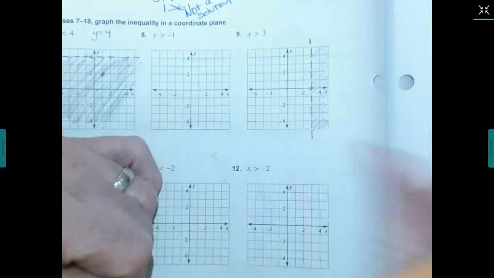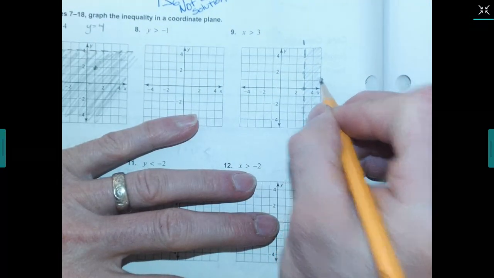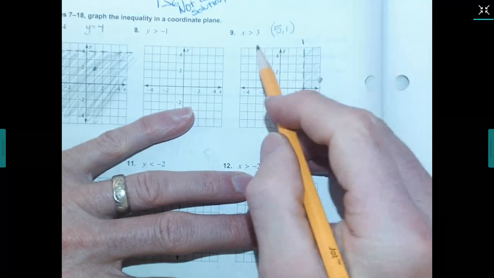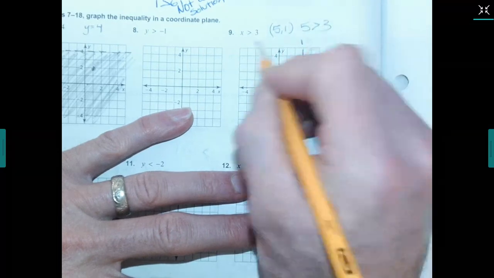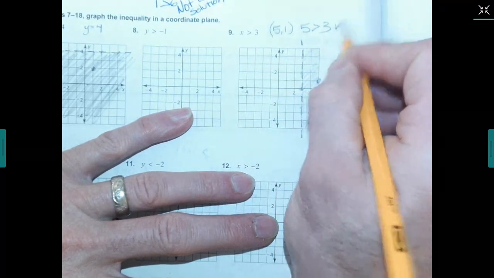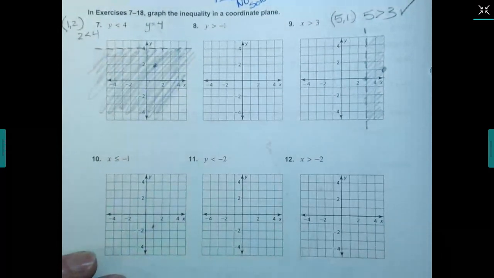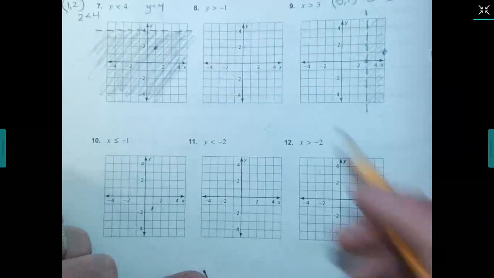Let's check and see if I'm right. Why don't we pick this point right here? Let's pick 5, 1. So my x value is 5. 5 is greater than 3 because there's no y value here. That checks out. So that is my space. All right. Go ahead and do number 8.